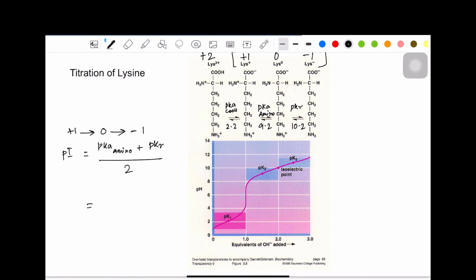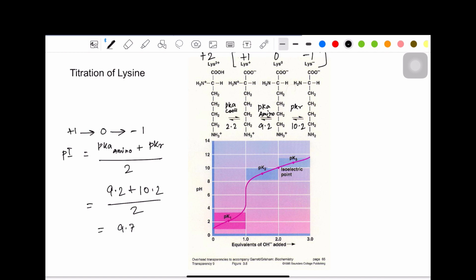So it will be 9.2 plus 10.2 divided by 2, which will be 9.7. Right?